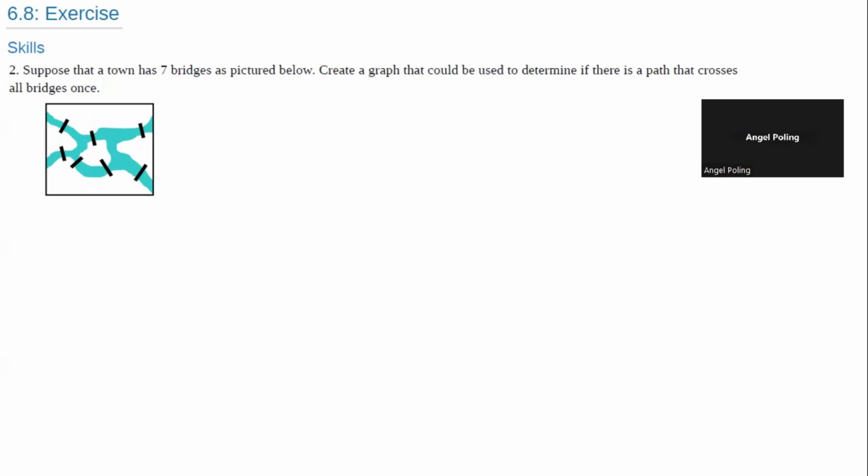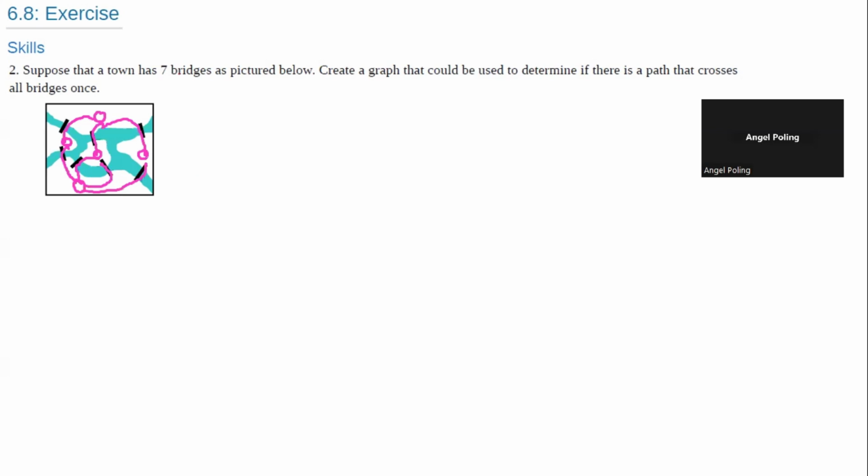So the vertices, and then the edges. So we have a bridge here, we have a bridge here, we have 2 bridges here, we have a bridge here, there's one there, and we have a bridge there.